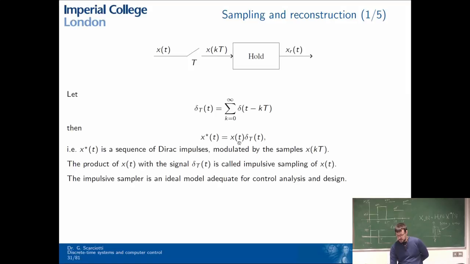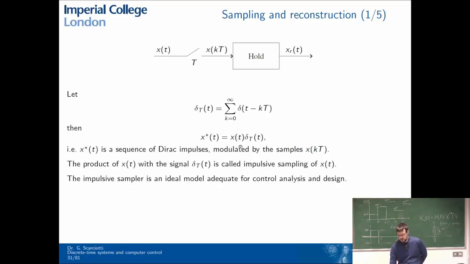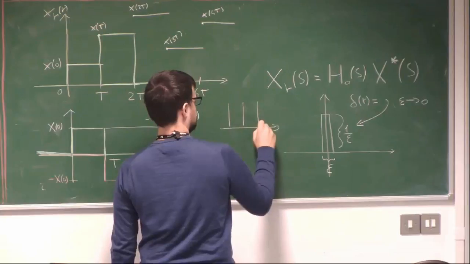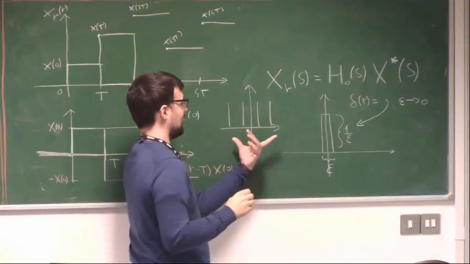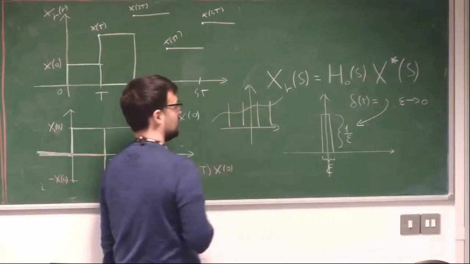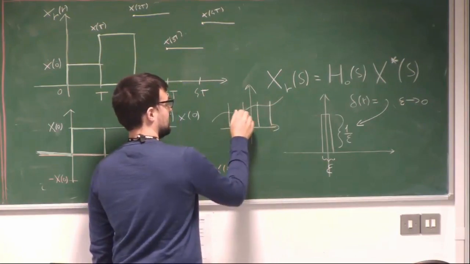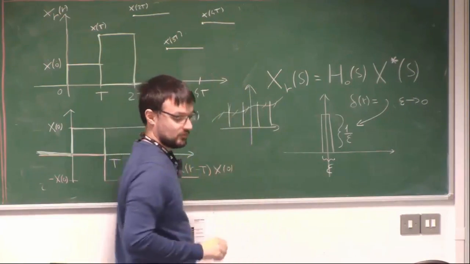We can bring outside x of kT and replace it with x of t, because when we multiply a signal by this function, which is a train of impulses, something like this, we end up only with these values here, because elsewhere it is 0, 0, 0, 0, and this actually goes up to infinity because it is an impulse.